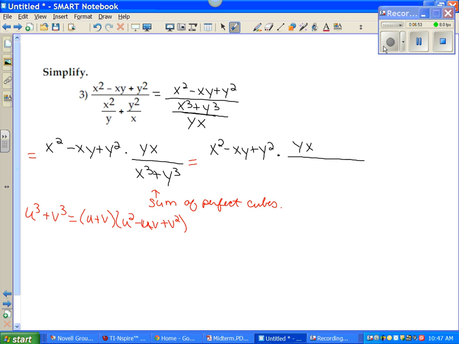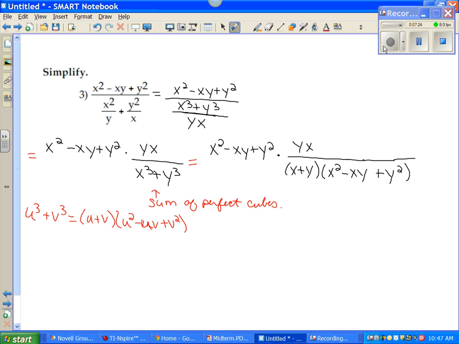Okay, so this factors to be x plus y, x squared minus xy, plus y squared. It's just the general form.